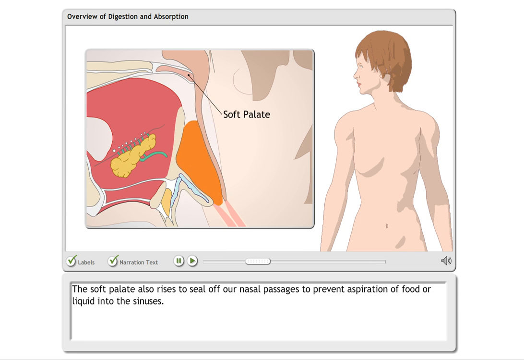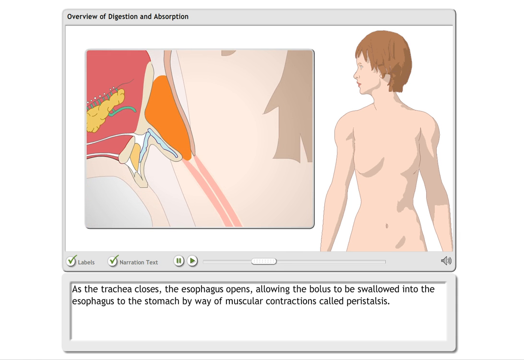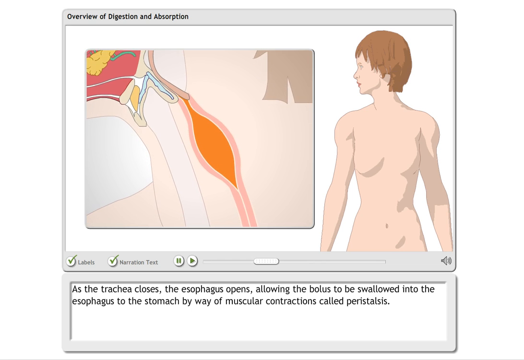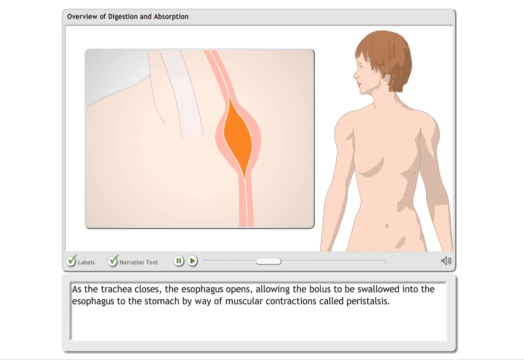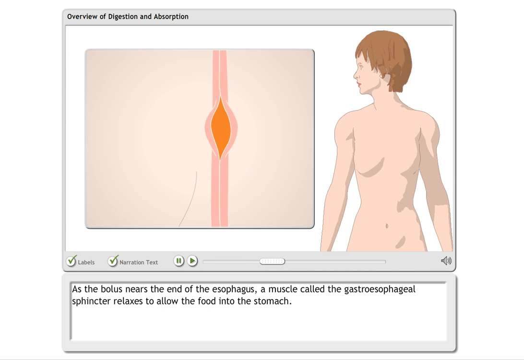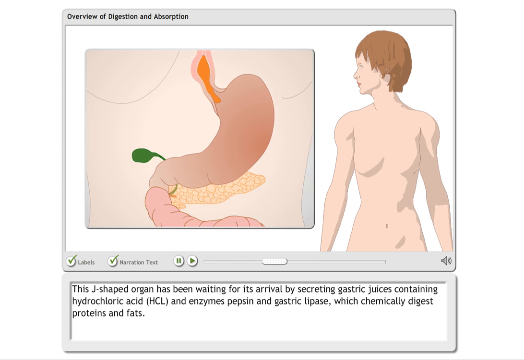The soft palate also rises to seal off our nasal passages, to prevent aspiration of food or liquid into the sinuses. As the trachea closes, the esophagus opens, allowing the bolus to be swallowed into the esophagus to the stomach by way of muscular contractions called peristalsis.